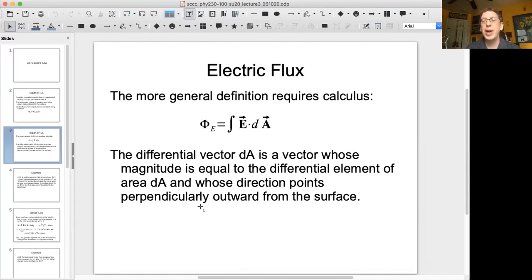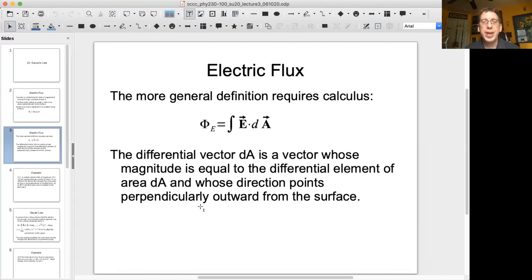So you would need to figure out the differential element of area in order to solve this problem. And then you would integrate over the surface. So the differential vector dA, again, the direction is outward, or points out of the surface.